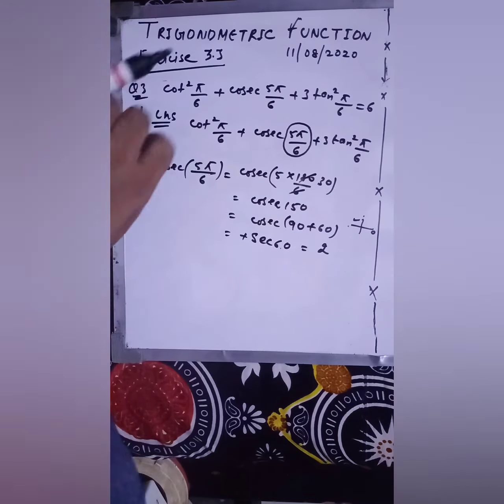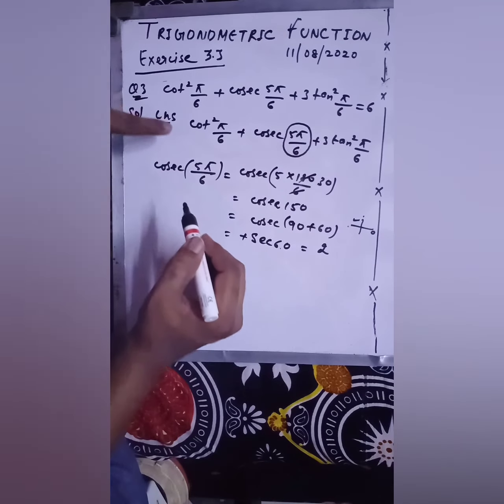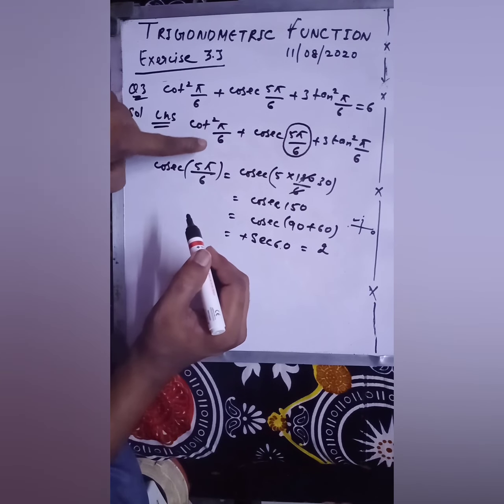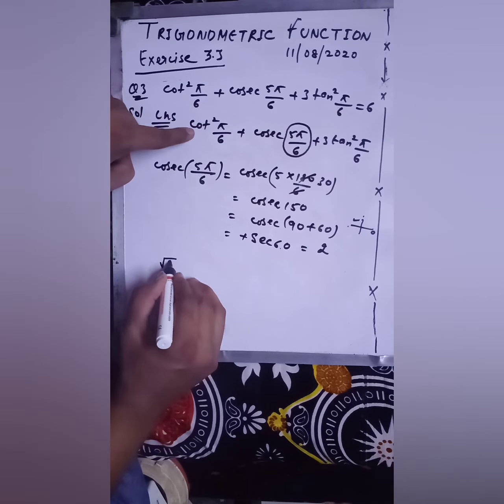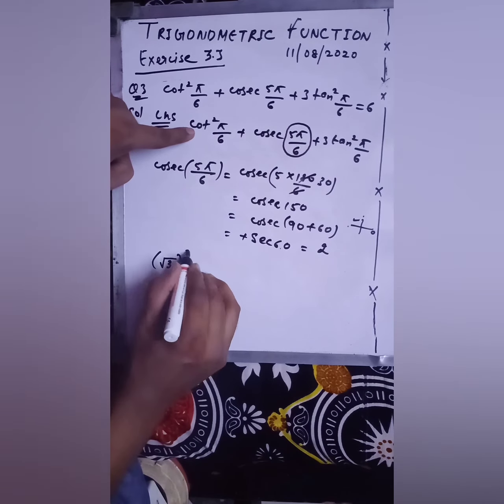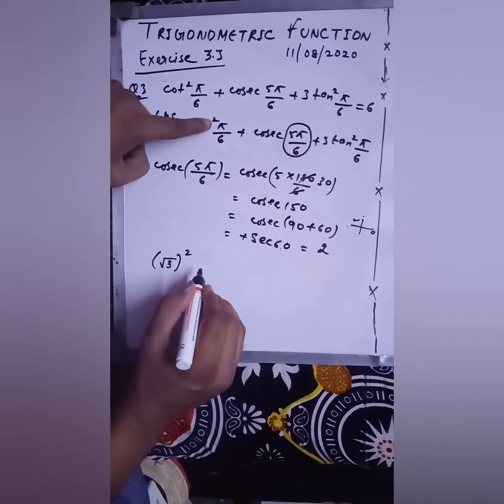After this, I am taking again this side, this is cot pi by 6, so cot 30. Cot 30 is root 3. You have to do the square of this because it is cot square.